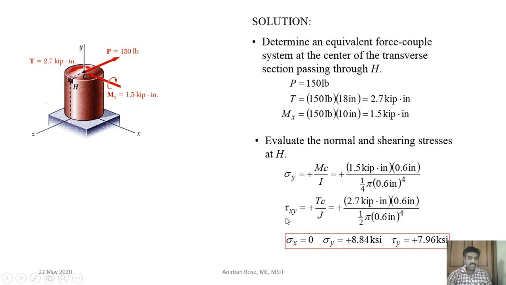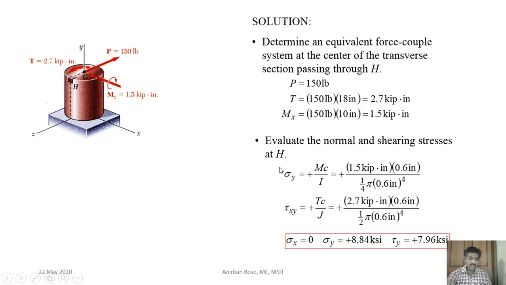Similarly, you can find out shear stress from the torsional formula, T into radius divided by the polar moment of inertia, and the polar moment of inertia is twice the area moment of inertia, that is, half of pi into radius to the power 4. Torsion is 2.7 and 0.6 is the radius.